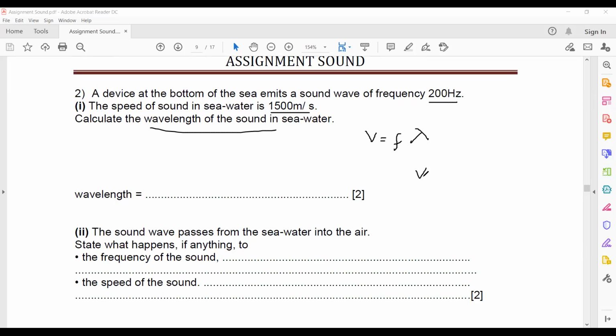So wavelength is speed divided by frequency. So 1500 divided by 200 equals 7.5 meters.